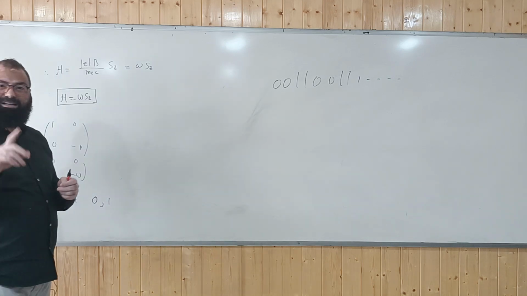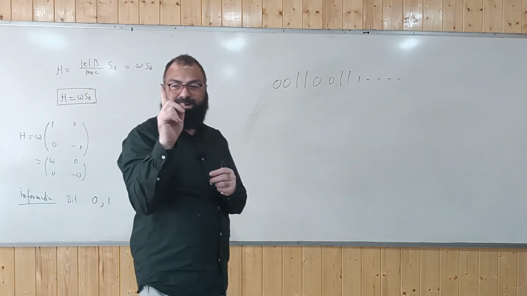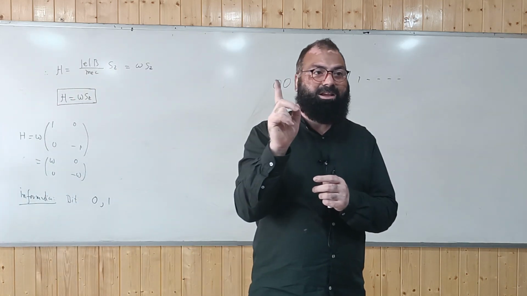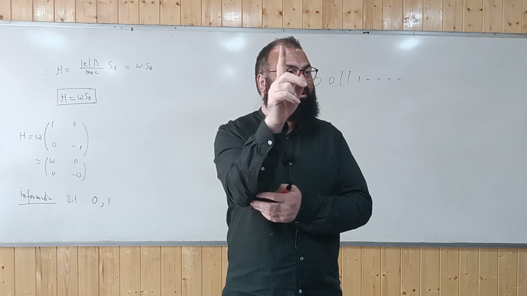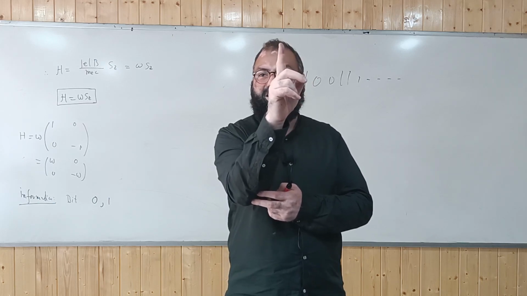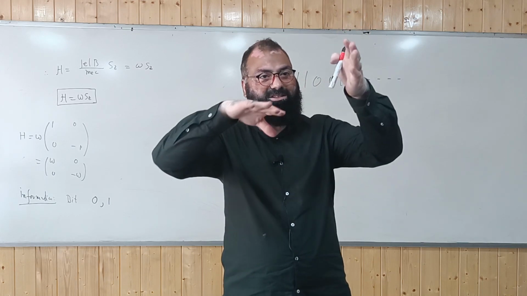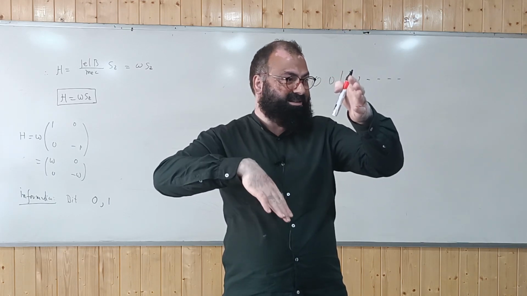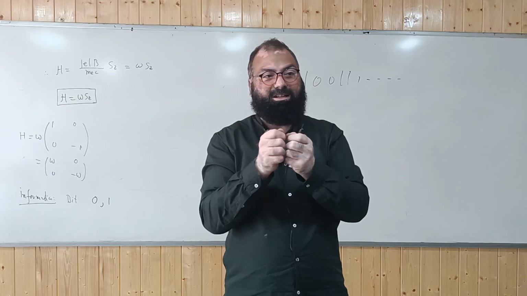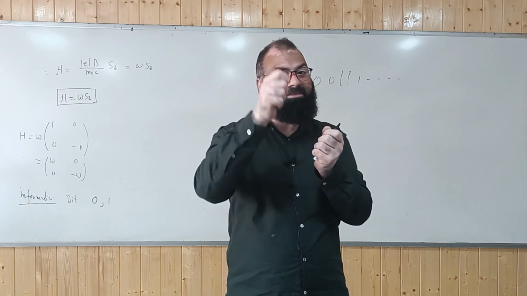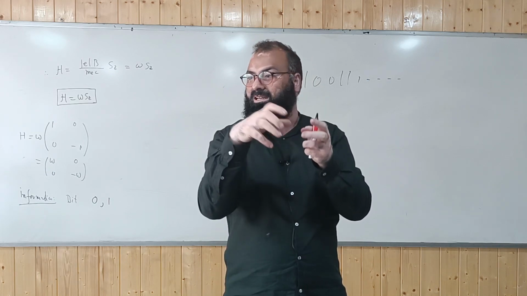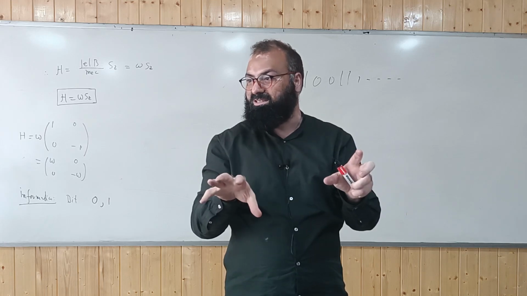In quantum mechanics, let's take this spin half particle. You can align it along one direction, you can align it in the opposite direction, let's say along the z direction or the minus z direction. But there is a possibility that this spin vector can exist in an arbitrary superposition of all these states.